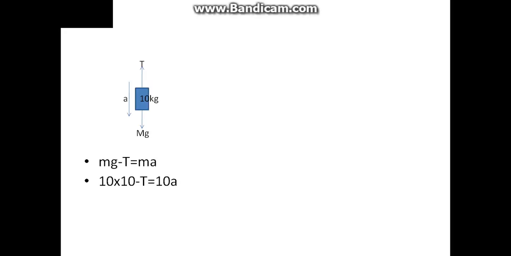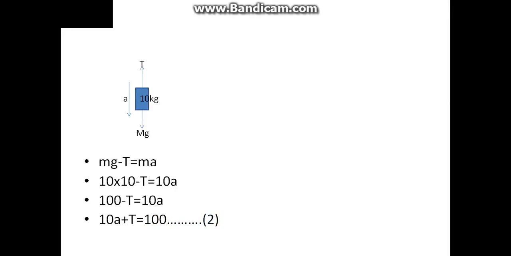Substituting the values, we now have 10, which is the mass, times 10, which is the acceleration due to gravity, minus T, the tension, is equal to 10, the mass, times acceleration. 100 minus T is equal to 10A.